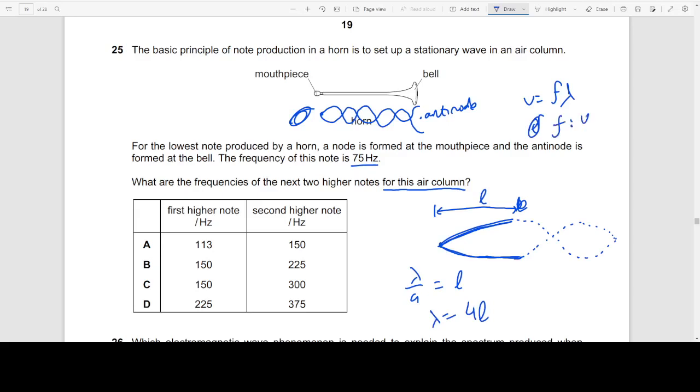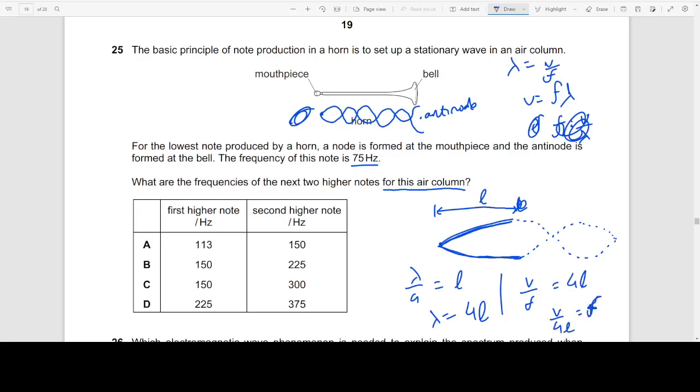Lambda is velocity upon frequency, so velocity upon frequency equals 4L. So V upon 4L is equal to frequency.